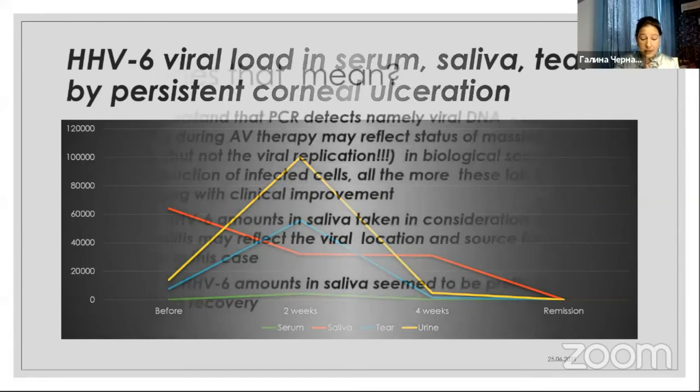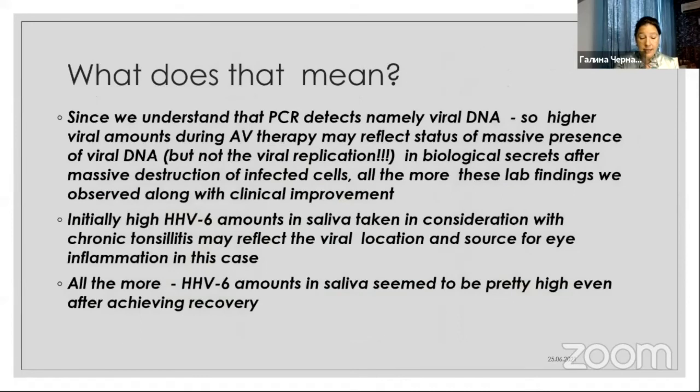Since PCR detects namely viral DNA, higher amounts during antiviral therapy may reflect the massive presence of viral DNA, but not viral replication, in biological secretions due to massive destruction of infected cells during antiviral therapy. Moreover, these lab findings were observed along with clinical improvement.